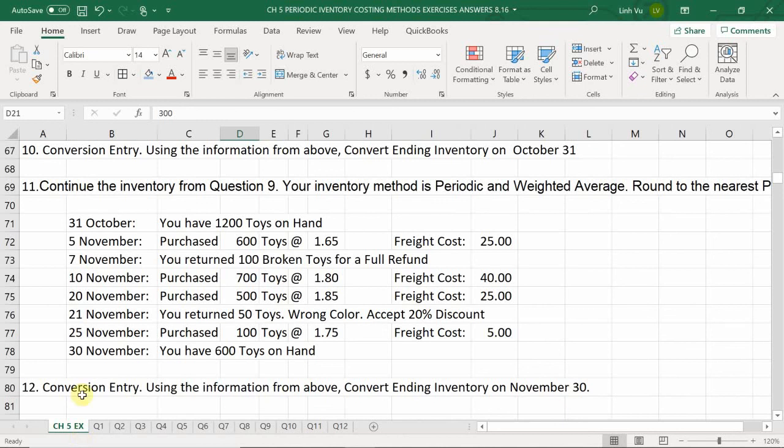So then on November 5th, you purchased a total of 600 toys at $1.65 with a freight of 25.